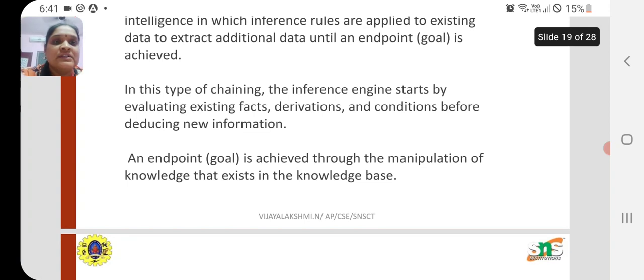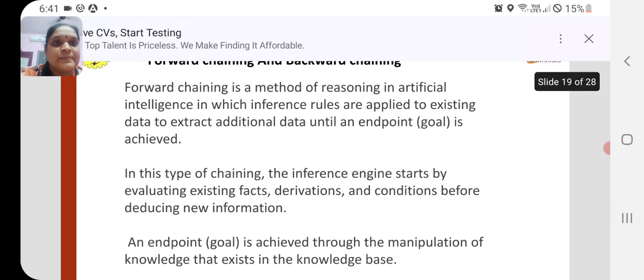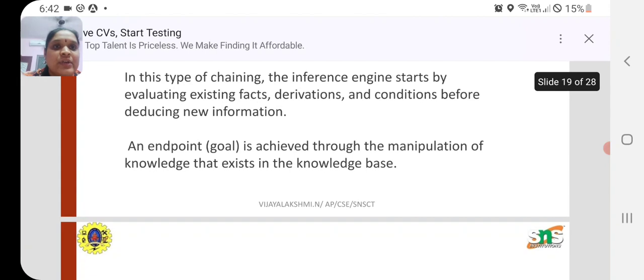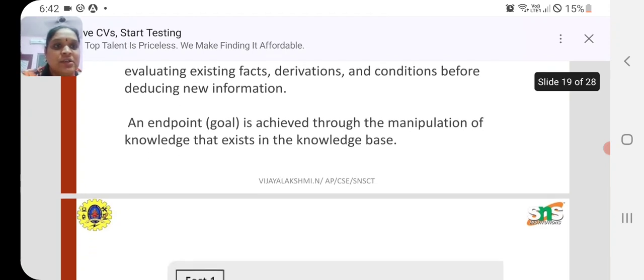In this type of chaining, the inference engine just starts evaluating the existing facts, derivations and conditions before arriving at the new information. So here the goal, that means the endpoint, is achieved. How it is achieved is through the manipulation of knowledge that exists in the knowledge base.